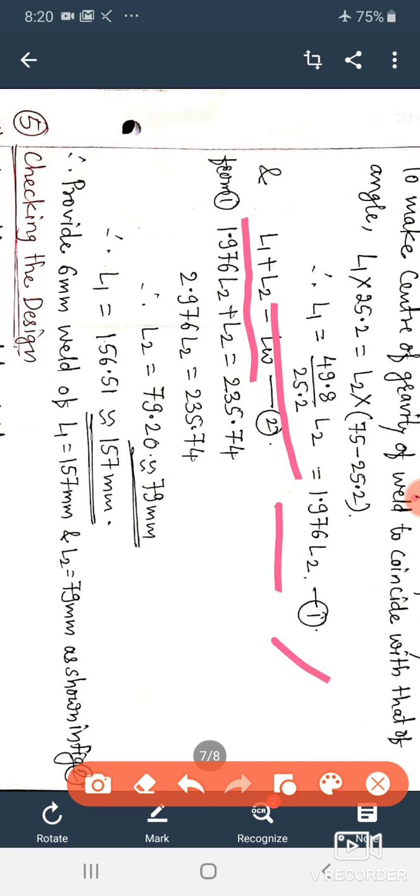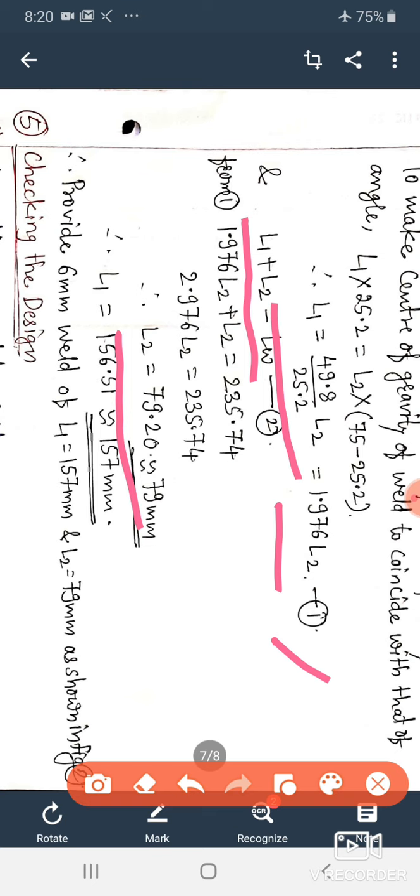Substituting in this formula, I'll be getting L2. Go back to the L1 formula and calculate L1. So L2 equals 79.2 and L1 equals 156.51. I'll be roughly rounding it. Don't round both the values on the higher side.